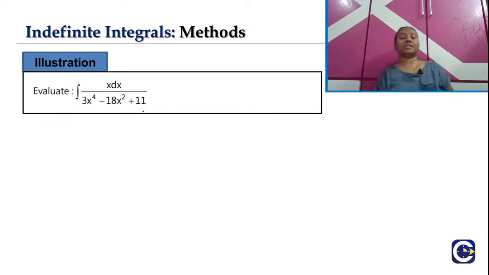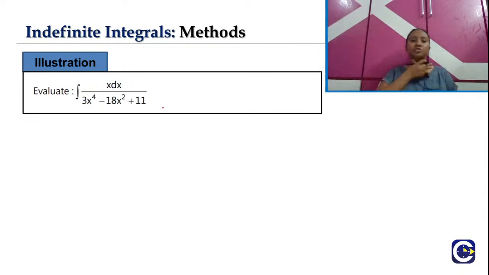So initially it was in terms of x, but here it is in terms of x square. So now how are we going to solve this? If you could write the simplest form, that will be enough.